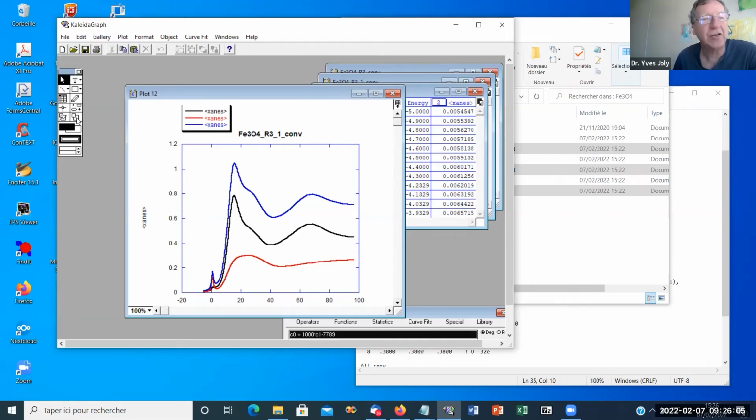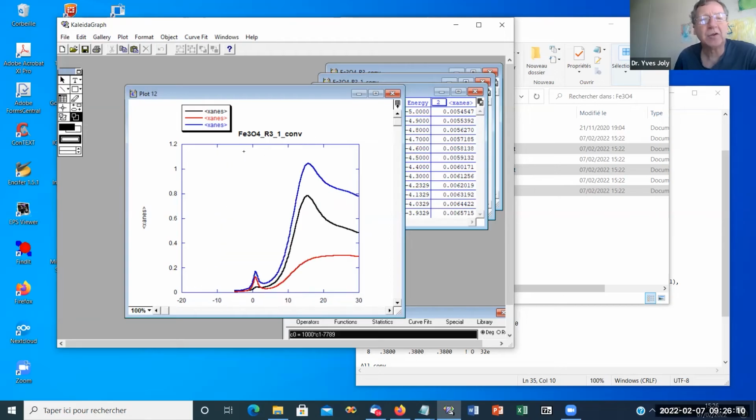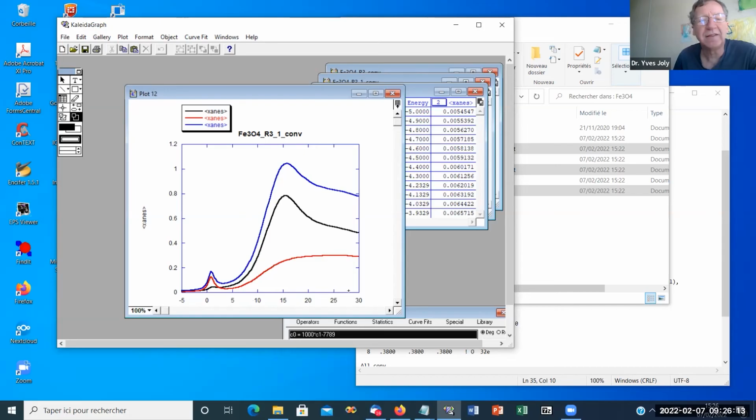And that's very interesting because, for example, people have studied doping of other elements in iron oxide. For example, you can put cobalt as a doping element, eventually with a rather large amount of doping, and you can have an idea of where the cobalt doping element goes.